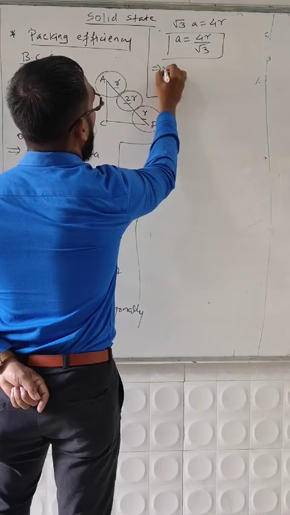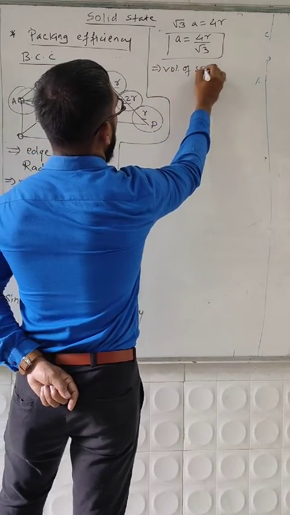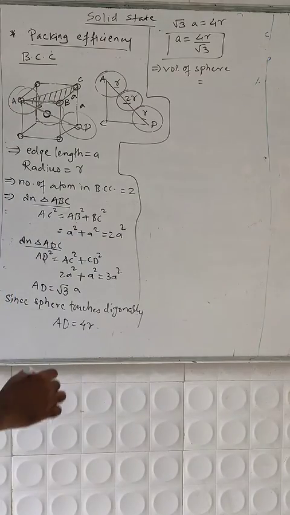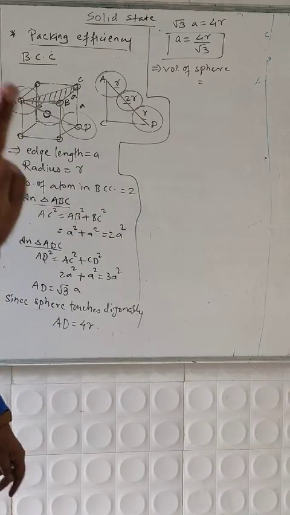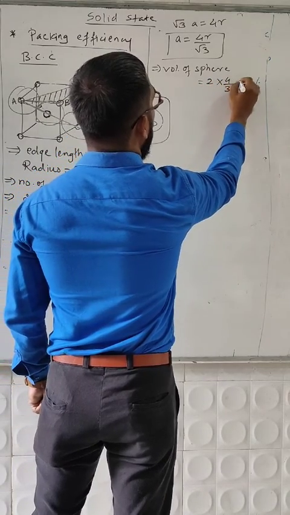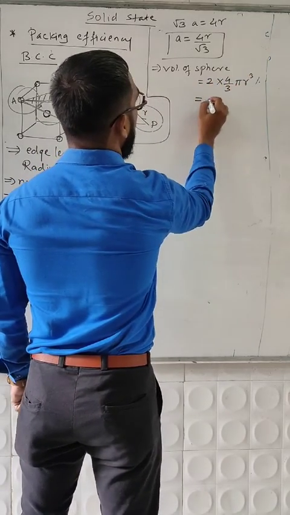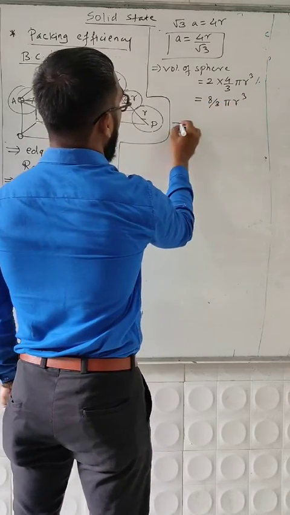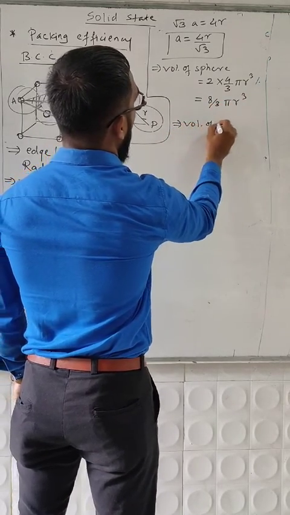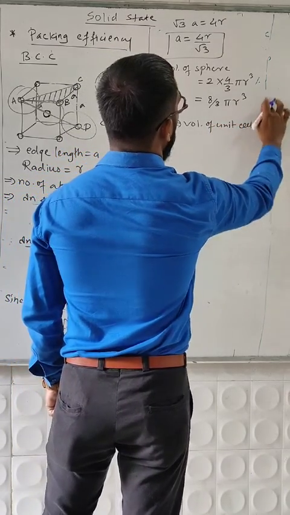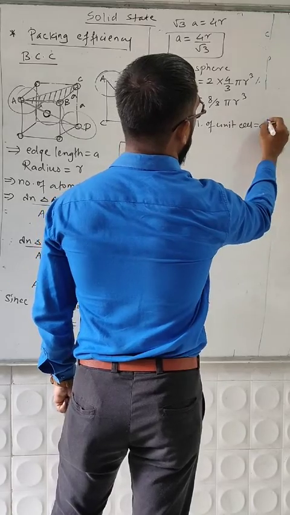Now, volume of sphere: in case of BCC, there are 2 spheres or 2 atoms, so we write 2 into 4 by 3 pi r cube, which is equal to 8 by 3 pi r cube. Next, volume of unit cell is equal to a whole cube.